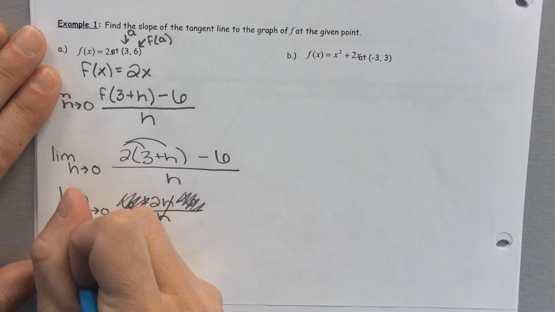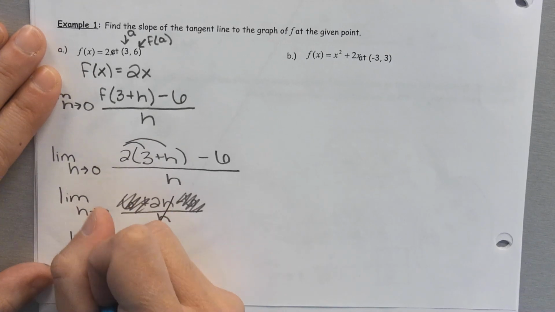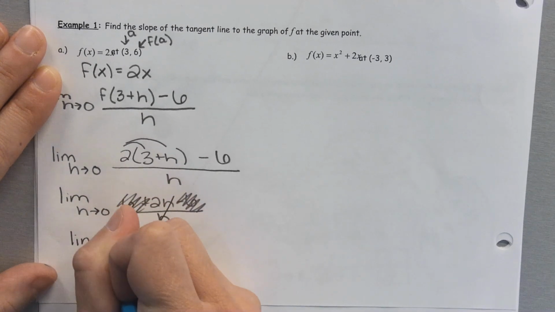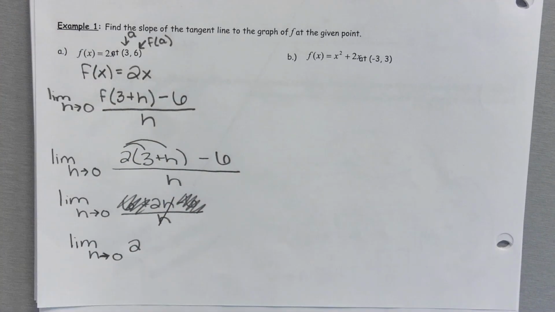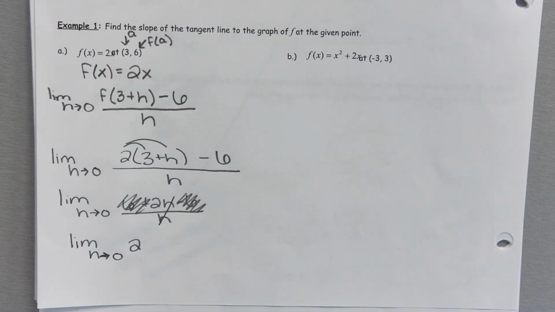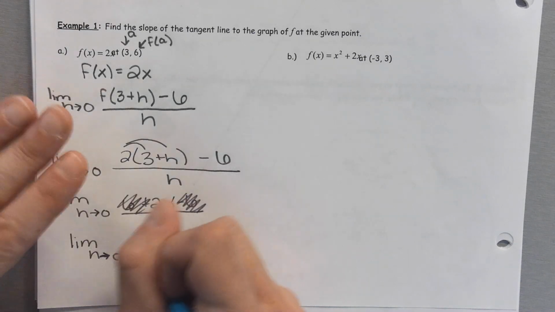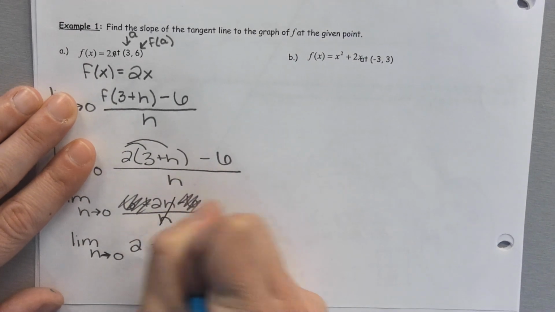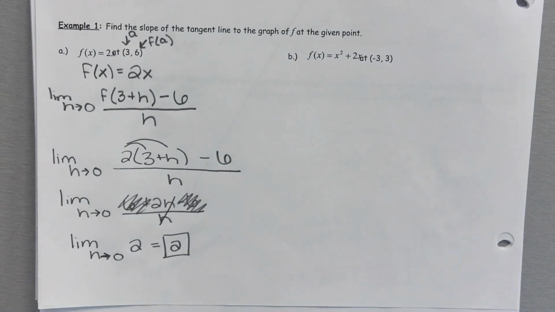The h's can cancel. So the limit as h approaches 0 of 2. Now, is there a spot for me to plug in the 0 at this point? No. So the limit is just going to be 2. So if there's no spot to plug it in and you just have a constant number, like 5 or 3 or 7, it's just going to equal that number.